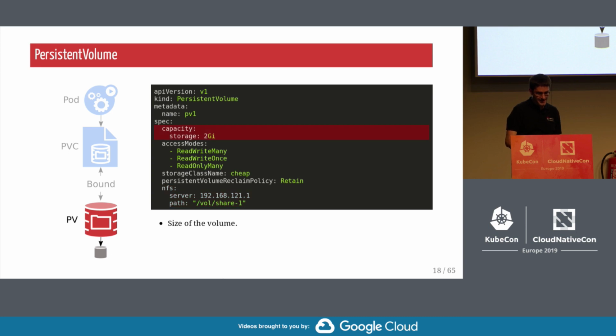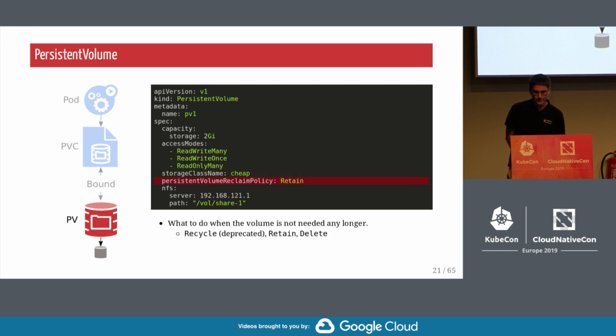If we look at the details about the metadata, Kubernetes needs to know the capacity of the volume, how the volume can be accessed, and to which storage class it belongs. So this is some cheap storage on my old NFS server running somewhere in my infrastructure. So I created a storage class called cheap.